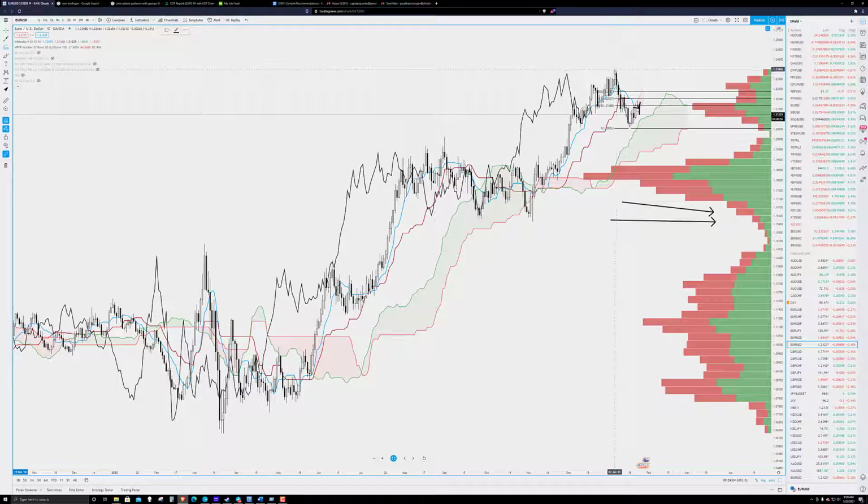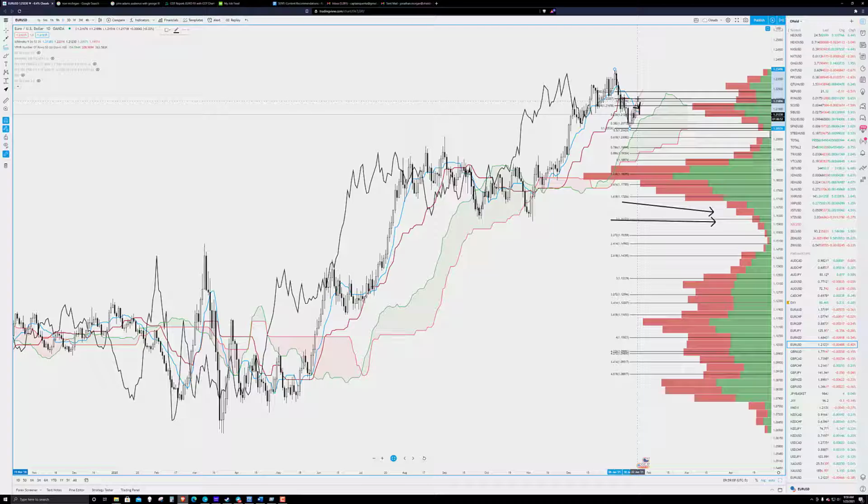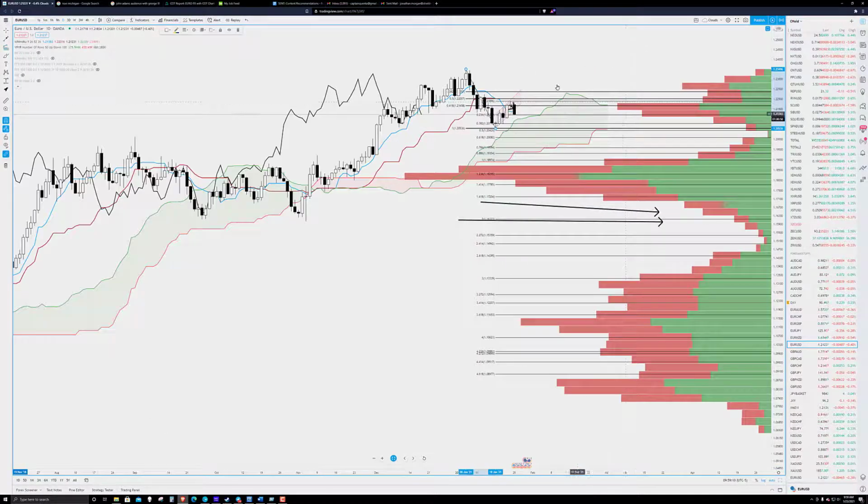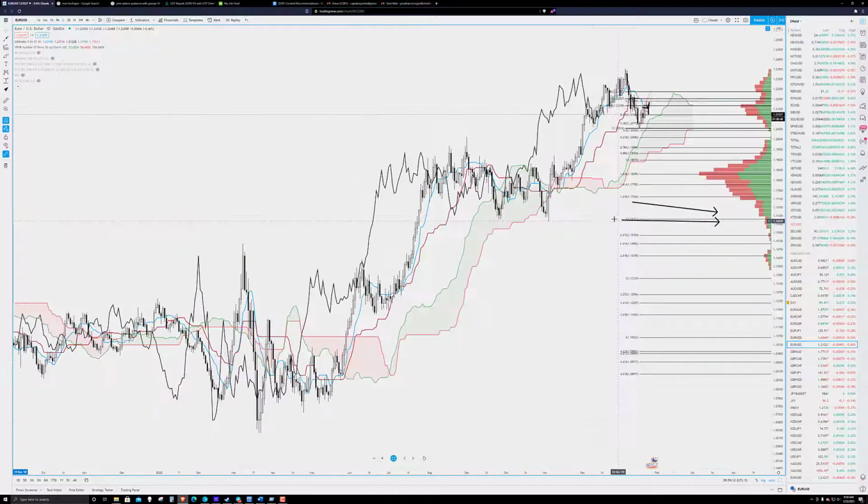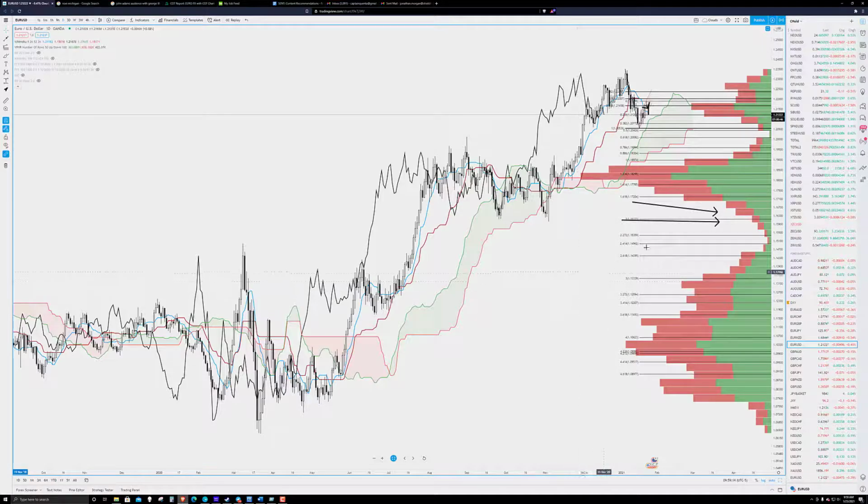So I start at this prior swing high, come down, and then go to the next swing high up here. Let me just mark off. Okay, the high volume node is right there. Let me put a horizontal line here. Make it a little thicker so it'll show up a little easier.